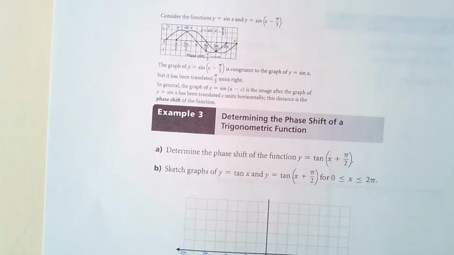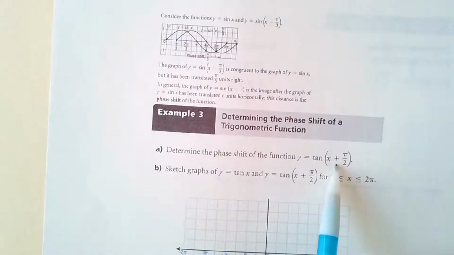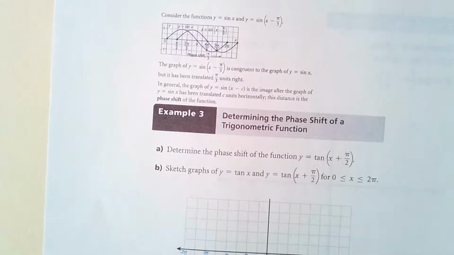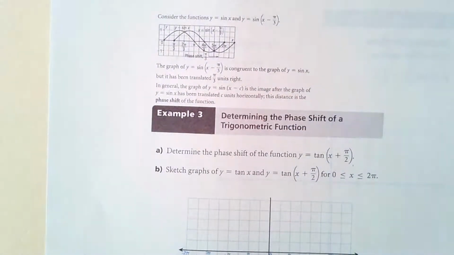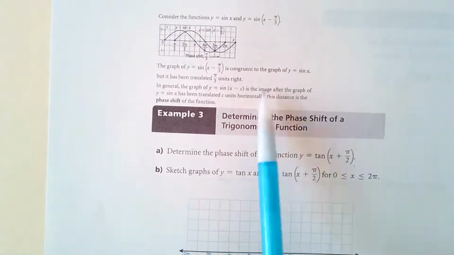In this case we're looking at a tangent, but we won't focus much on tangent, because a tangent graph is not a sinusoidal one. We'll look at one where it's cos instead. But let's look at phase shift.